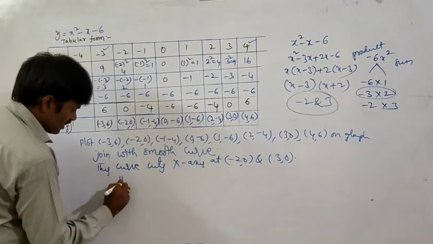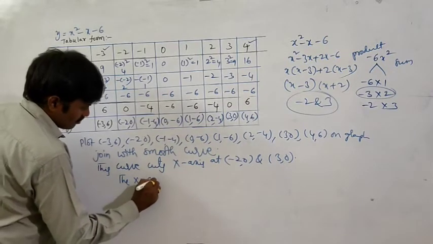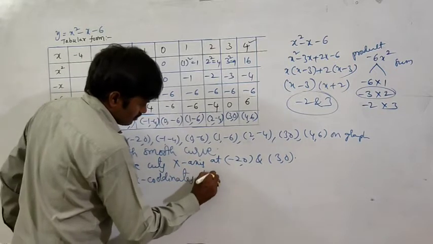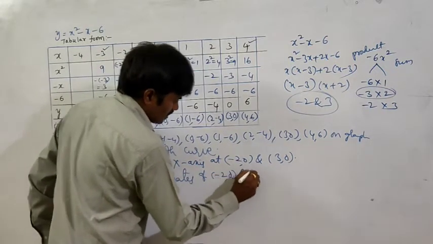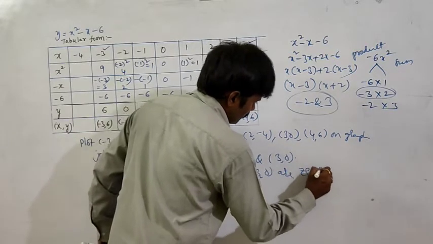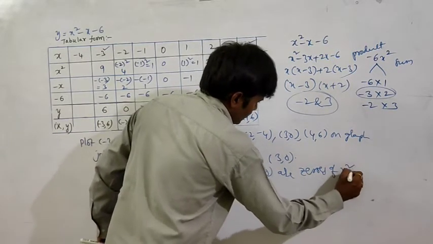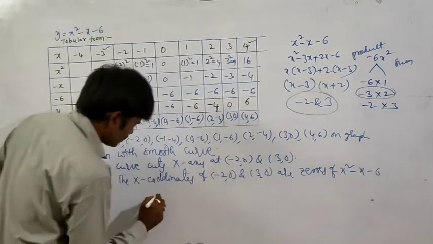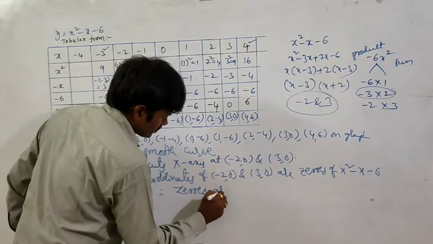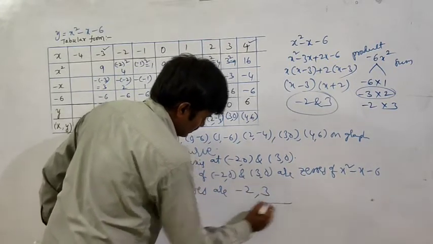So the x coordinates of the above points are the solutions. The x coordinates of minus 2 comma 0 and 3 comma 0 are the zeros of x square minus x minus 6. Therefore, what are those zeros? Therefore the required zeros are minus 2 comma 3.